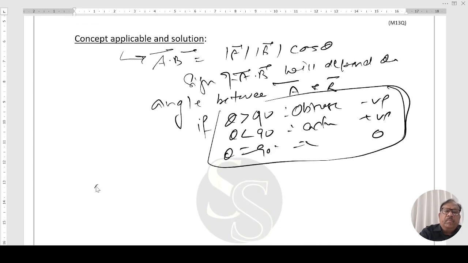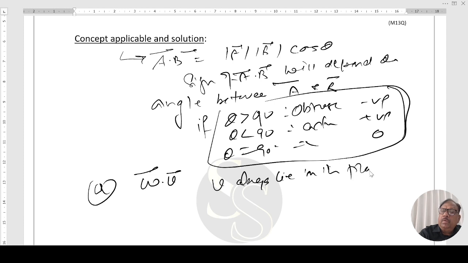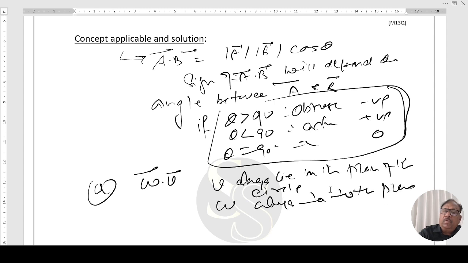First part, omega dot v. V always lies in the plane of the circle. And omega is always perpendicular to the plane of the circle.